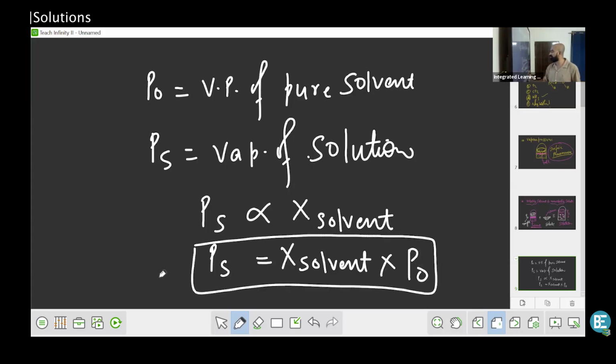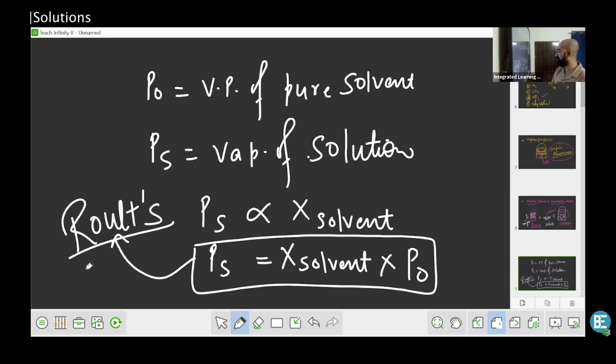This is called Raoult's law. This is very important from exam perspective. So vapor pressure of solution is mole fraction of solvent into pure solvent vapor pressure. Write down: X solvent is the mole fraction of solvent.